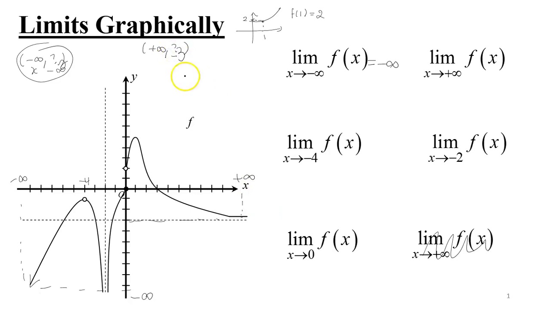So the value of y we're looking for here is -3. So the limit at positive infinity of f of x is -3. So these are the limits at negative and positive infinity. Now let's tackle the restricted values.